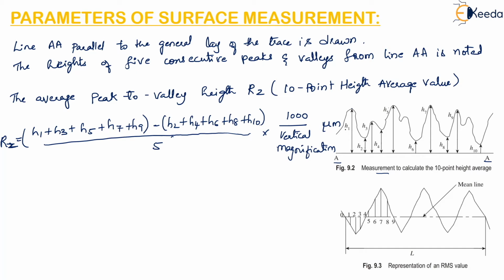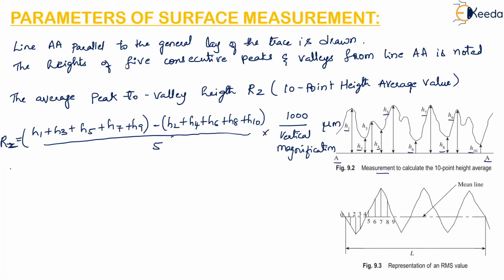Here these are the H1, H5, H7 and H9 values, and these are H2, H4, H6, H8 and H10 values. This way the value of RZ, the 10-point height average, is calculated.